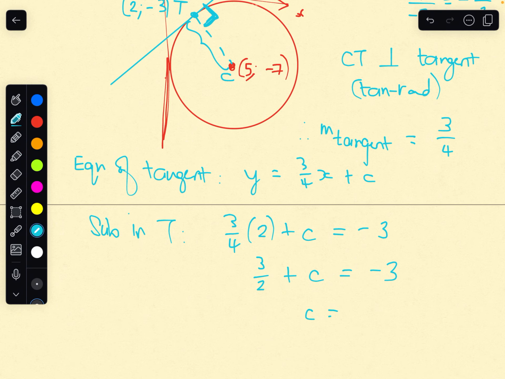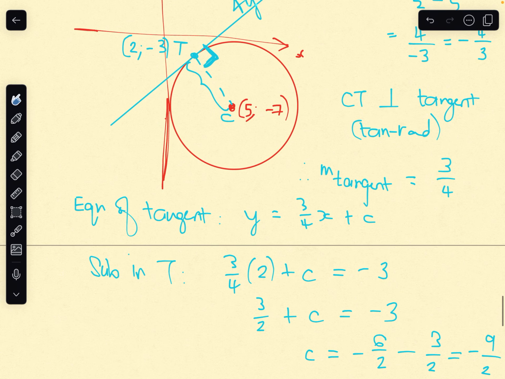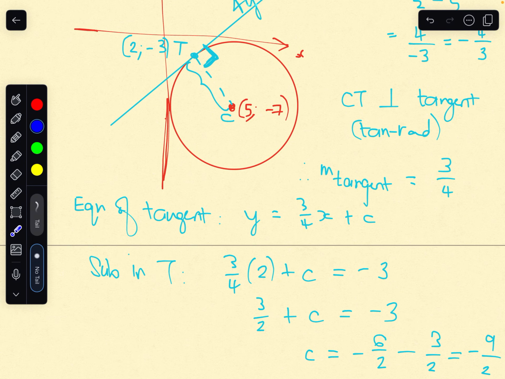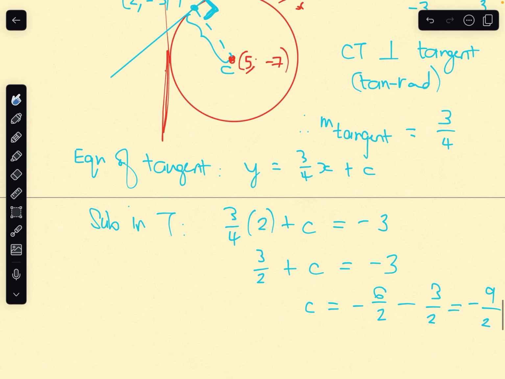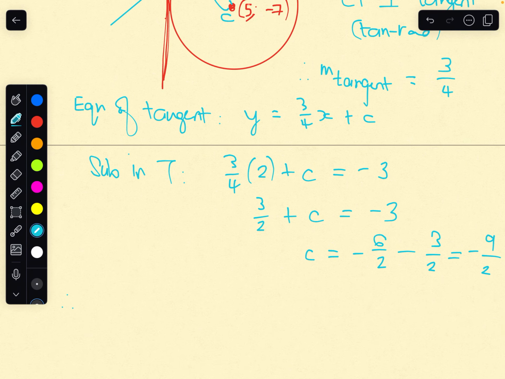So c = -3 - 3/2, which is -6/2 - 3/2 = -9/2. And our diagram is kind of agreeing, getting a y-intercept on the negative side of the y-axis, so that's cool. So the equation of the tangent at T is y = 3/4 x - 9/2.